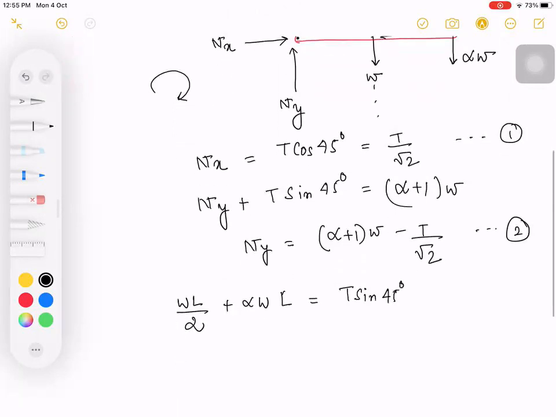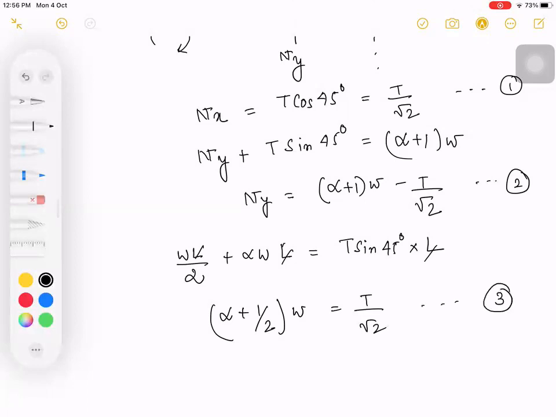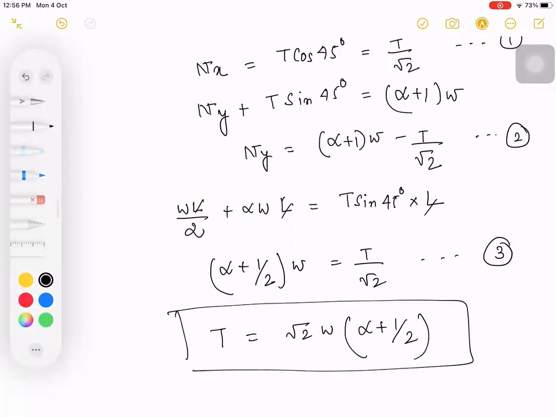So T sine 45 degrees into L. If you simplify this, the L cancels out and you get alpha plus half into W equals T by root 2. So I have three equations. Quickly, I need to find this out. From the third equation, directly I get T is equal to root 2 W into alpha plus half. So I have got a tension.